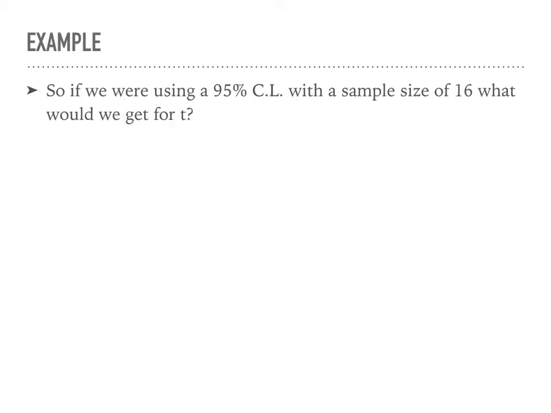So if we were using a 95% confidence level with a sample size of 16, what would we want for t? Well, 1 minus the ratio (1 minus 0.95) divided by 2 equals 0.975. And then degrees of freedom is 16 minus 1, so 15.